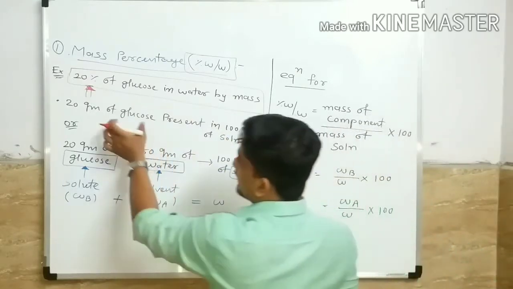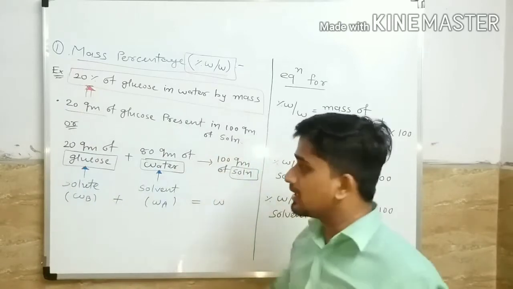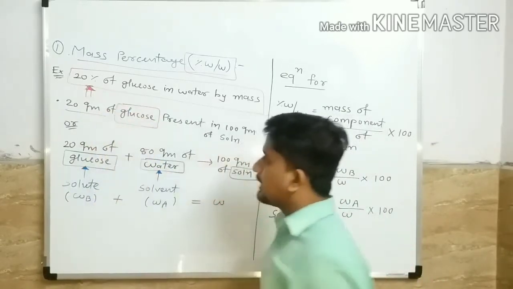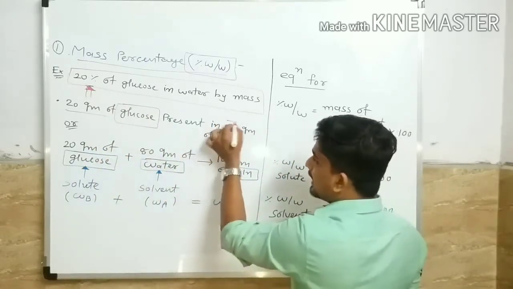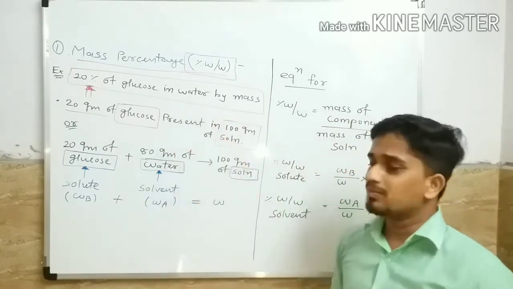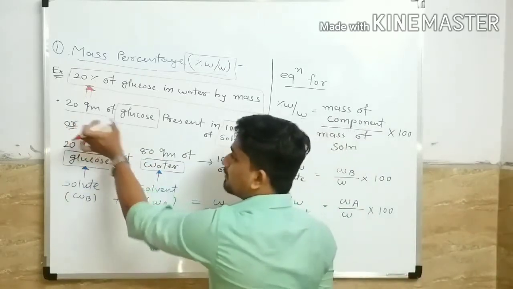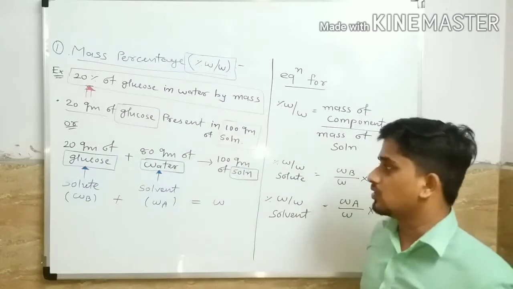This sentence means that in our solution, 20 gram of glucose is present in 100 gram of solution.